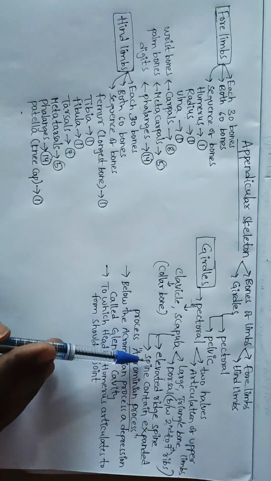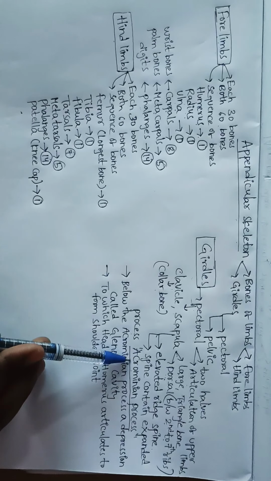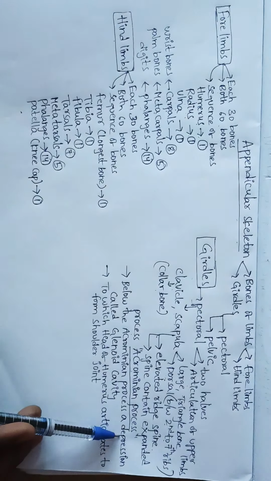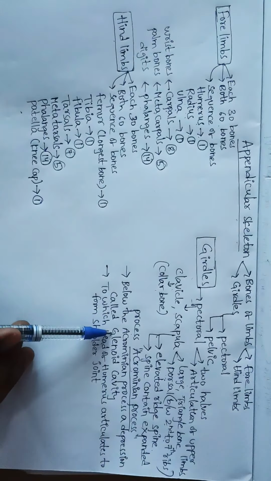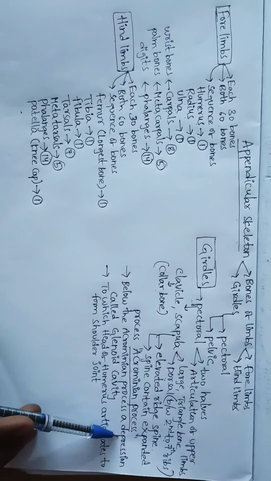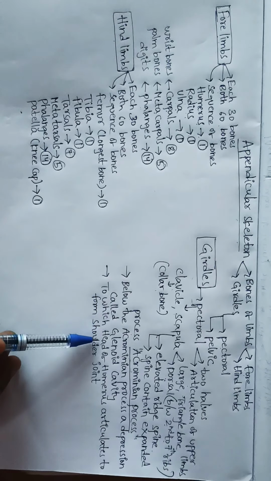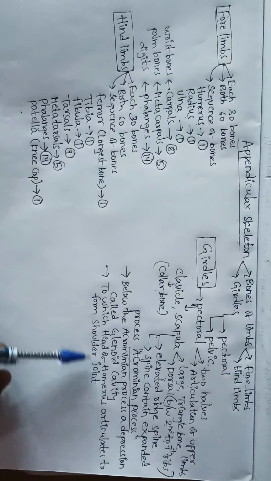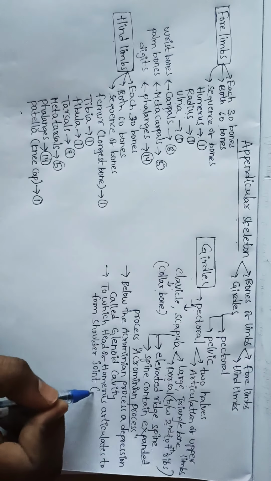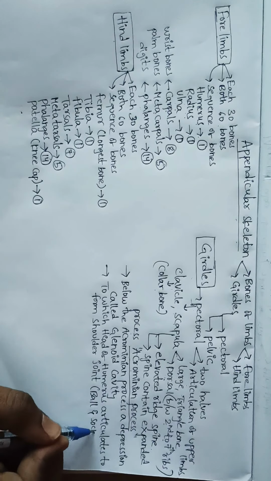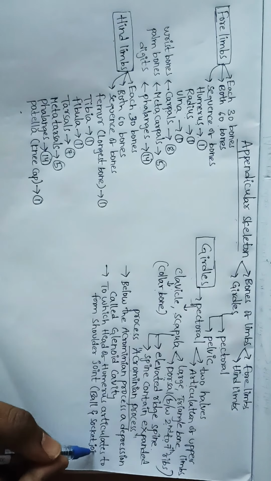Expanded process of spine is called acromion process. Below the acromion process, a depression called glenoid cavity. This depression is useful for attachment of head of humerus to form shoulder joint or ball and socket joint.